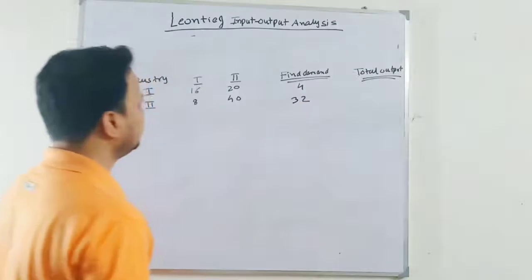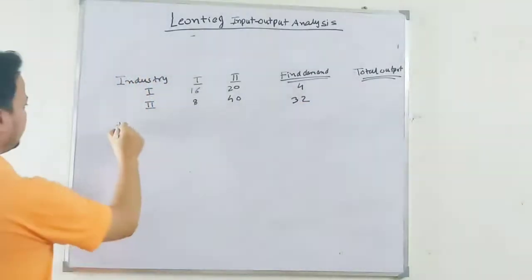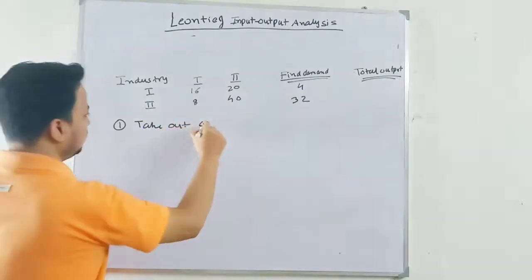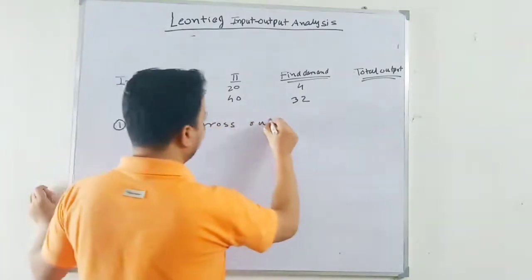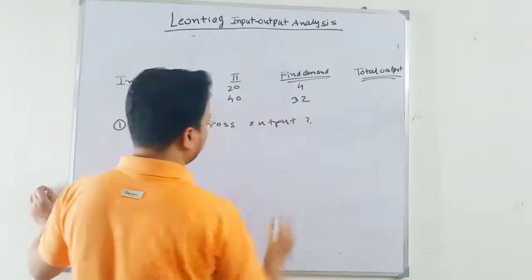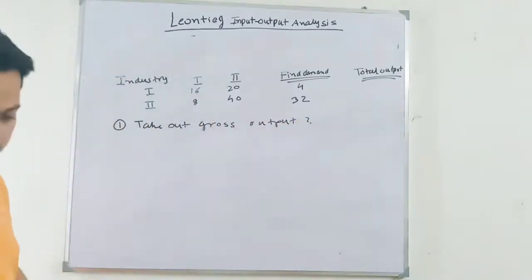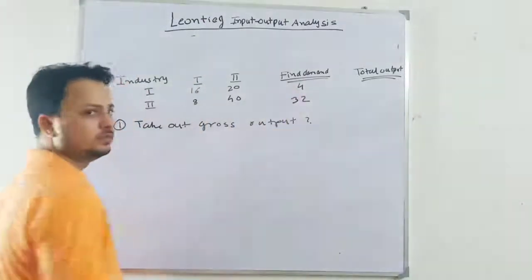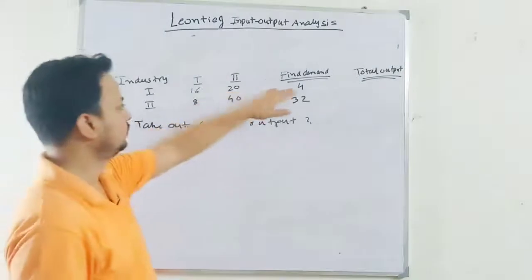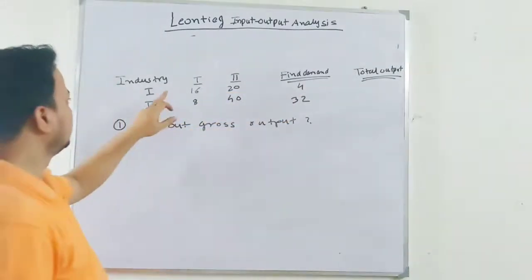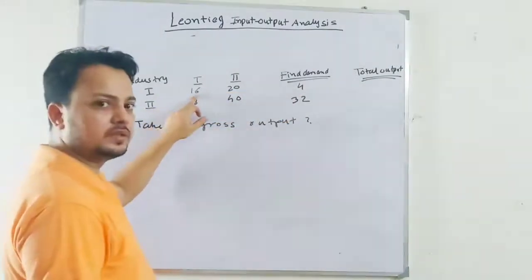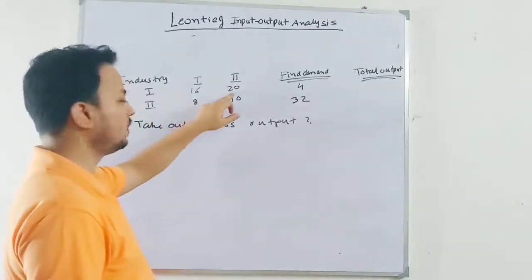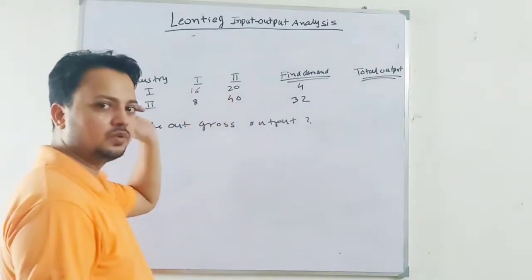First, they ask you to take out the gross output, and you know how to calculate output. We will look at the row. This is the output of the first industry used as an input in the first industry. This is the output of the first industry used as an input for the second industry.